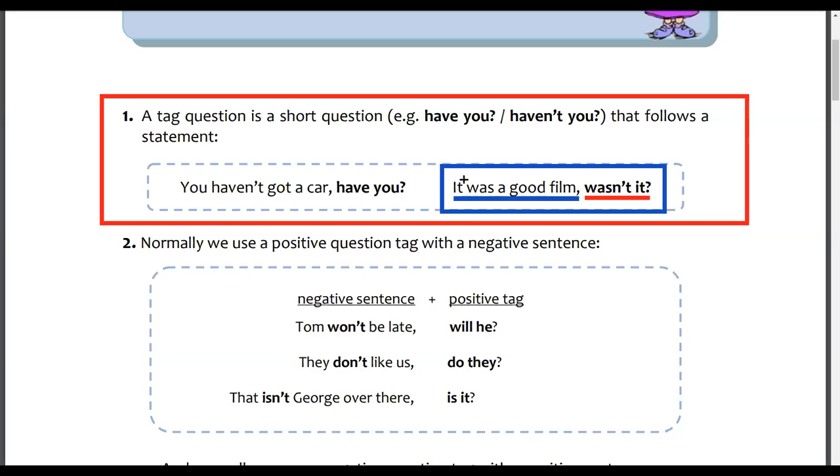Remember, all you need to do is use the auxiliary verb, in this case was, into a negative form, the opposite way, wasn't. Since we are talking about a film, a good film, then we're going to replace that by using it.